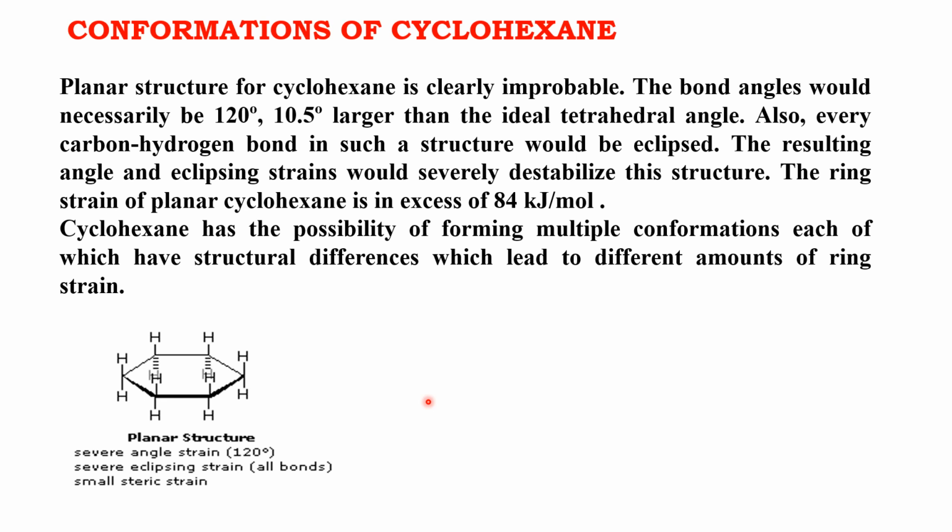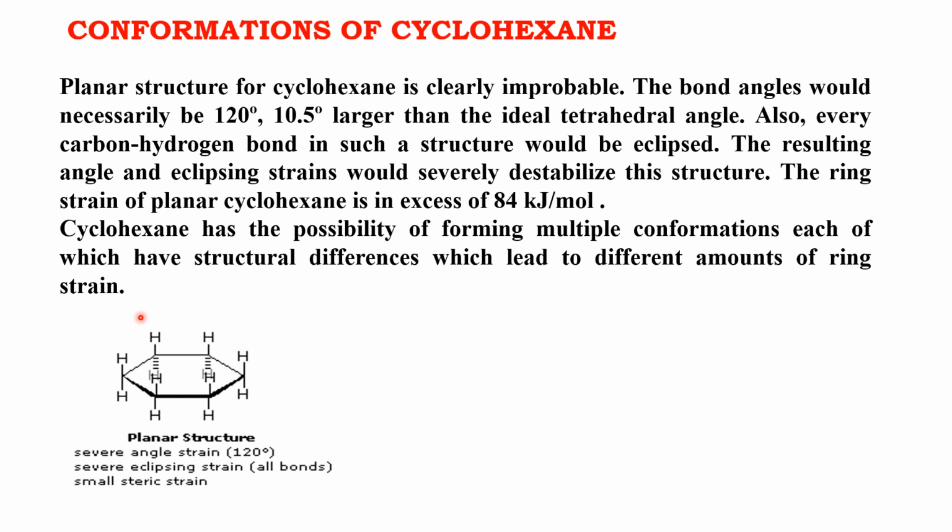So we expect a bond angle of 109 degrees 28 minutes because it is a tetrahedral hybridization. So for any sp3 hybridization, the angle is expected to be 109 degrees.